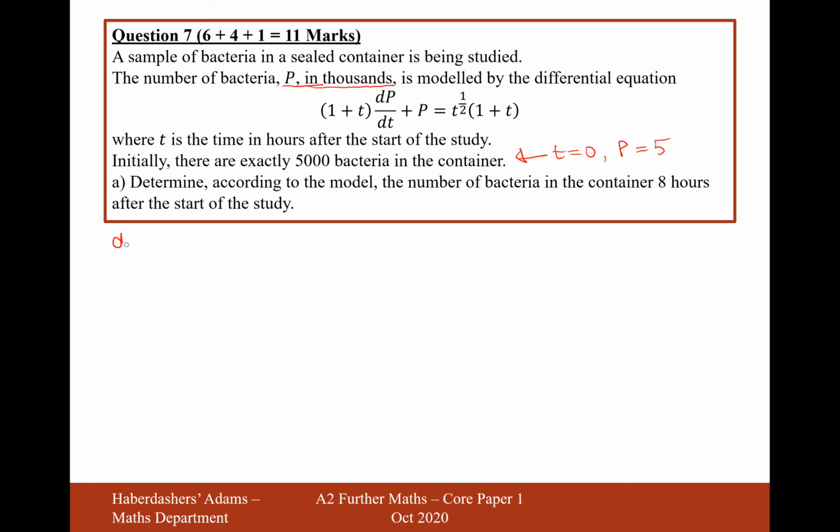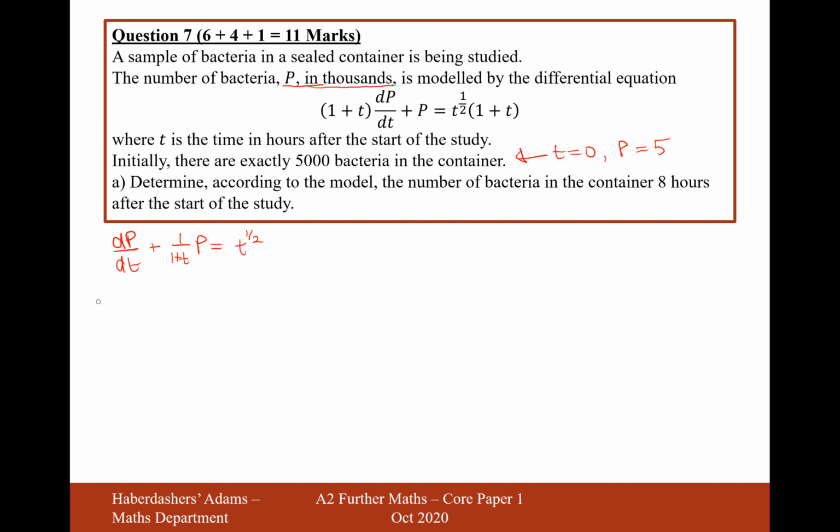So first of all, let's just rearrange this differential equation. We'll divide by 1 plus t, so it's dP/dt plus 1 divided by 1 plus t, P equals t to the power half. So I've divided by the 1 plus t. Now I'm going to go to my integrating factor.